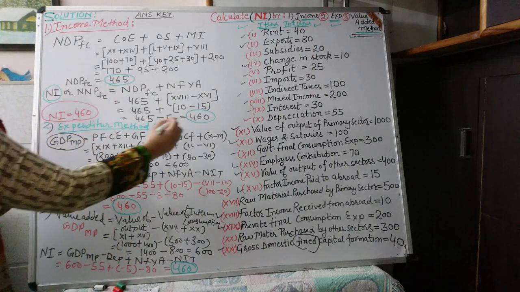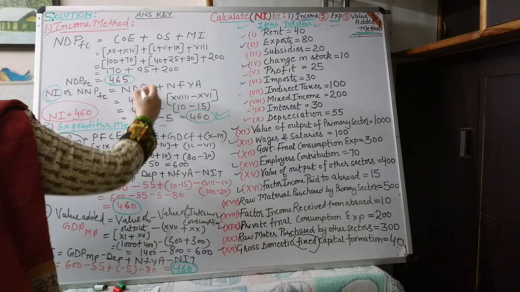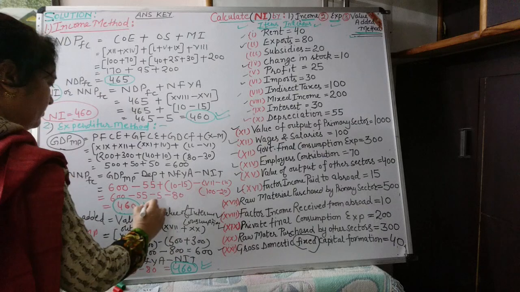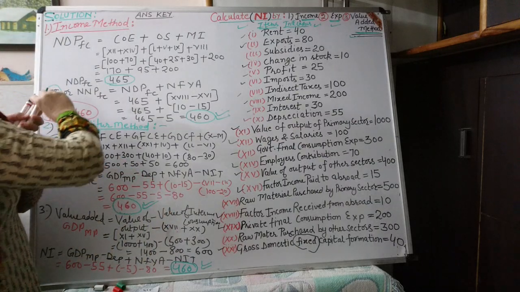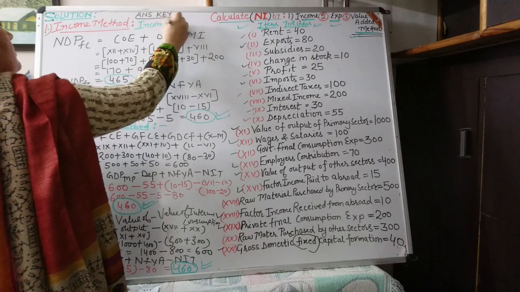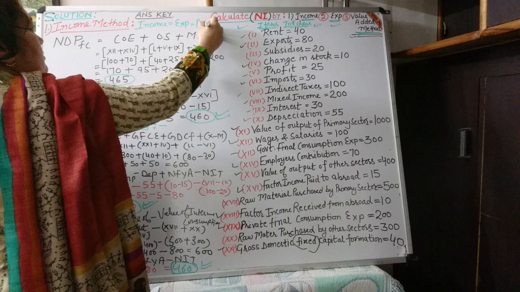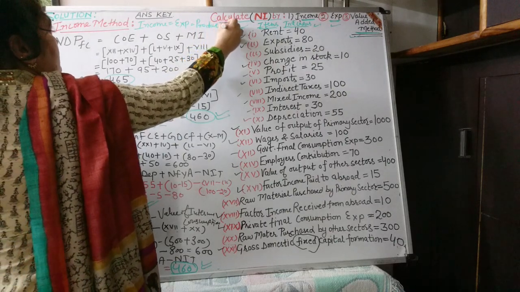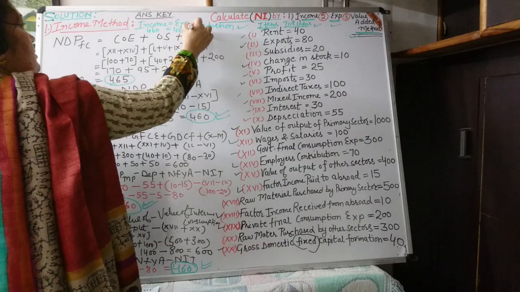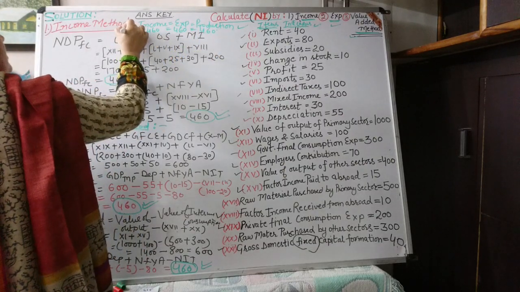So the national income by all the three methods is the same. So we can say that income is equal to expenditure is equal to production. 460 is equal to 460 is equal to 460, is equal to national income.